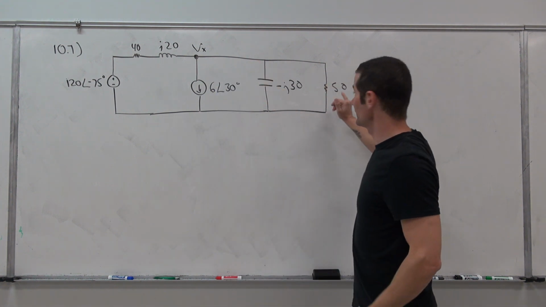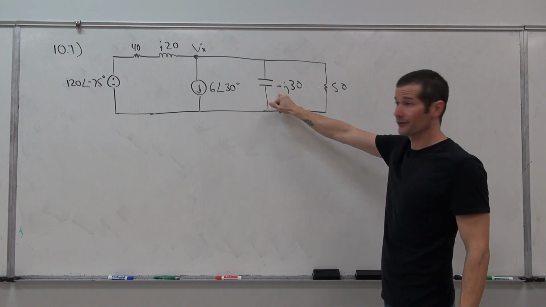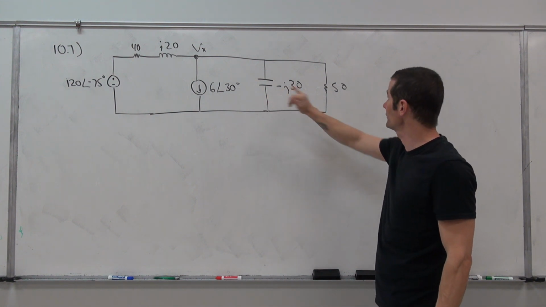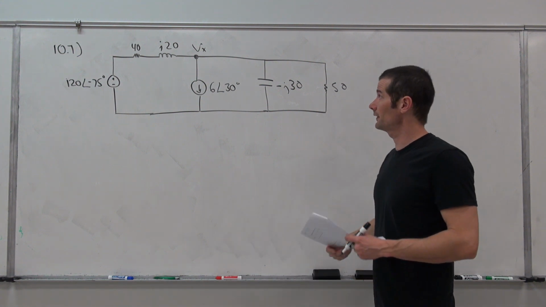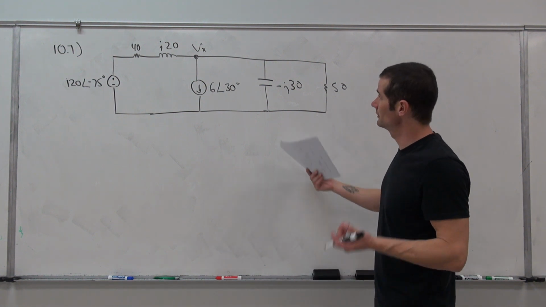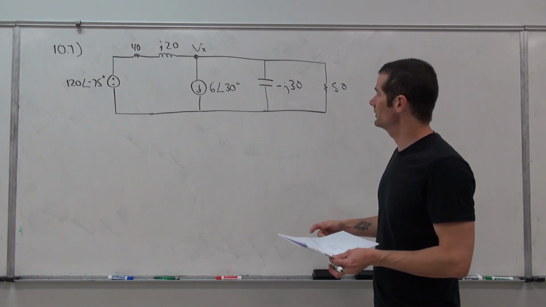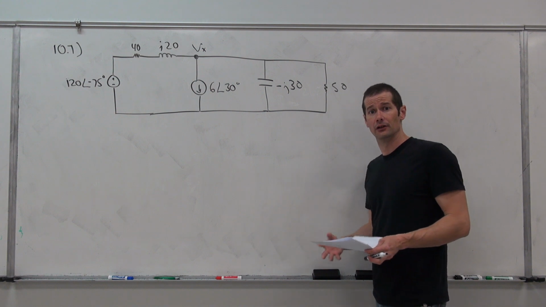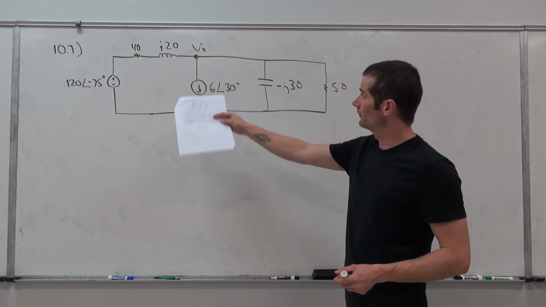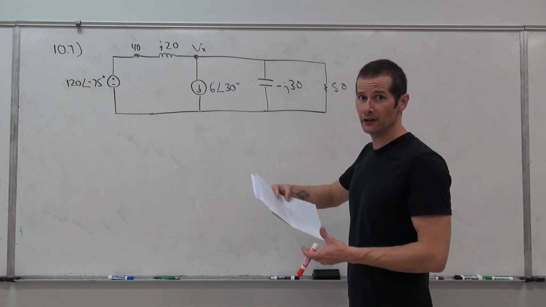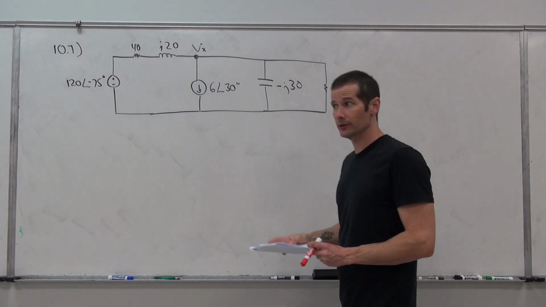And that's actually going to be not only the voltage across the current source, but also the voltage across the negative j30 ohm capacitor, as well as the 50 ohm resistor. And so the easiest way to find that with this problem, we could utilize superposition here, but let's just go ahead and utilize KCL. With KCL, we can write out the current flowing from the source to node Vx, and then look at these parallel elements as having all different currents.